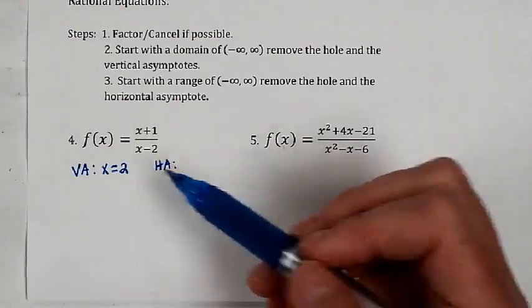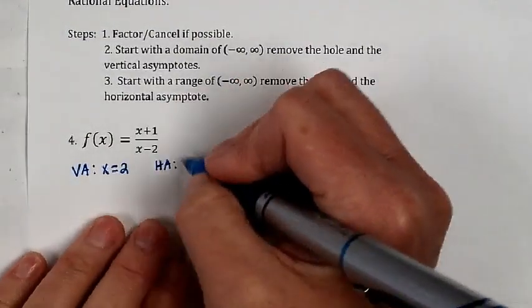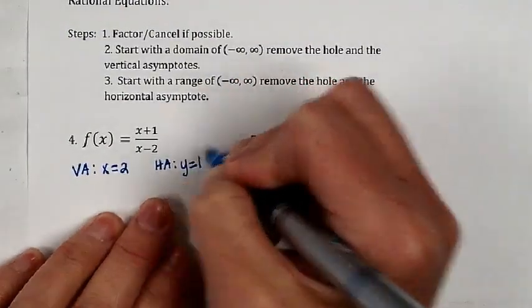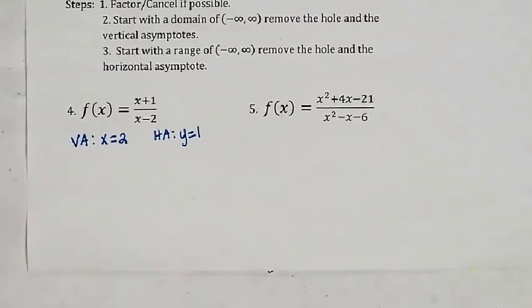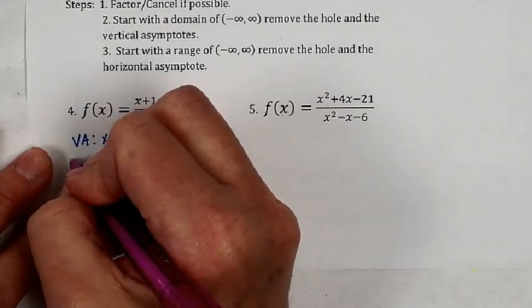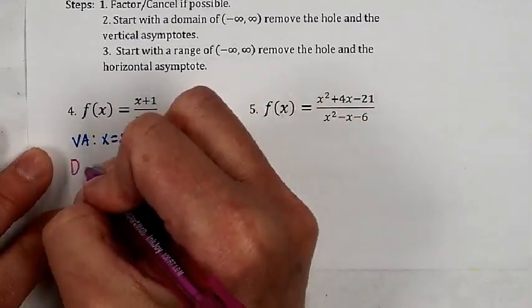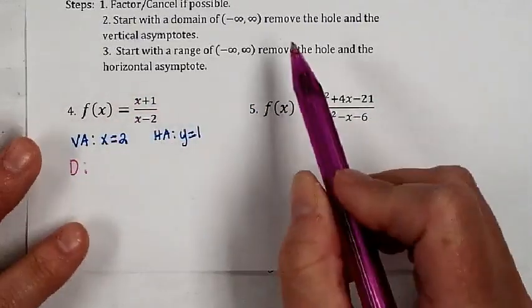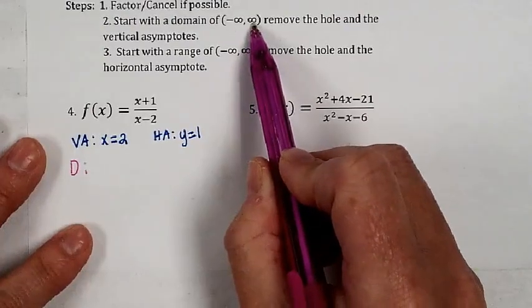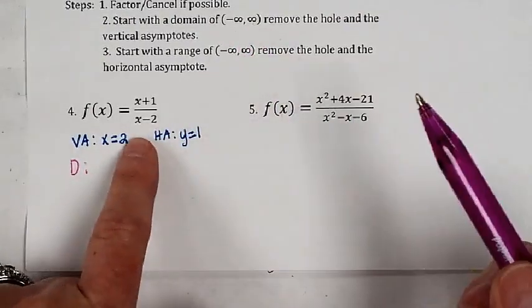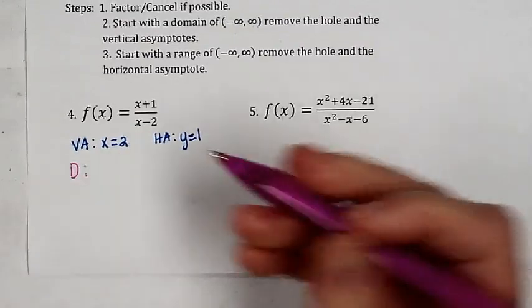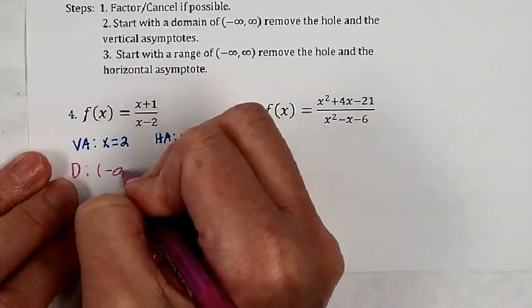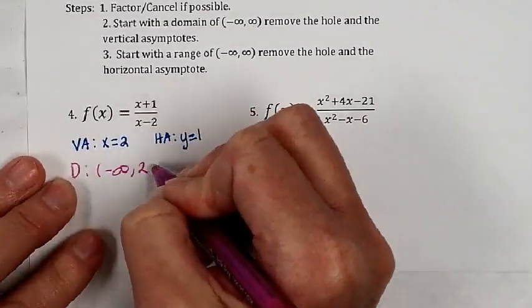Now for my domain. Remember we're starting from negative infinity to infinity. I just can't use 2. So this is going to be from negative infinity to 2, parentheses with 2, because it's an asymptote, we're not actually going to get to 2, and then union, 2 to infinity.